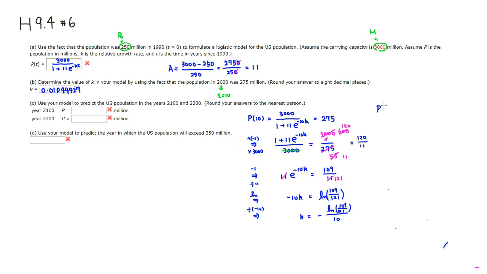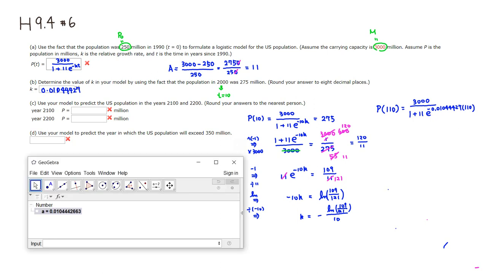So P of 110 would be 3,000 over 1 plus 11 e to the negative k t, so negative 0.0104427 and the t is 110, right? So let's compute that using GeoGebra here.